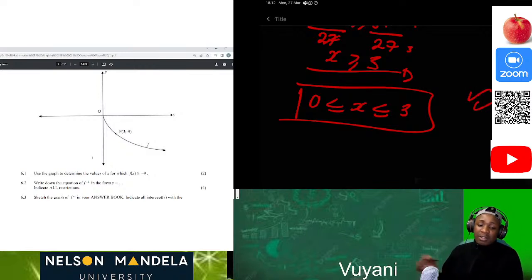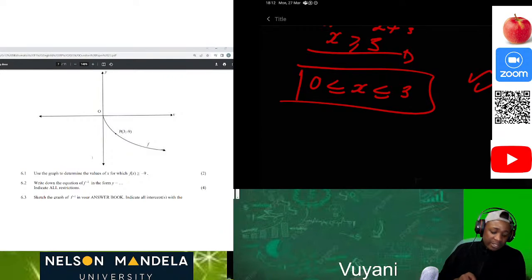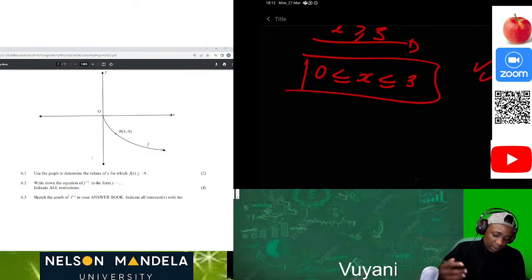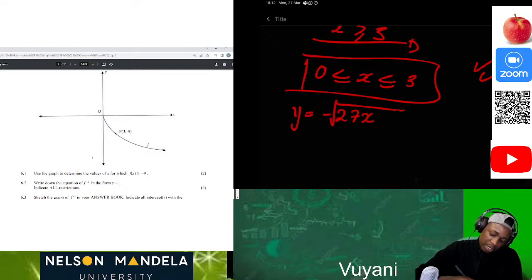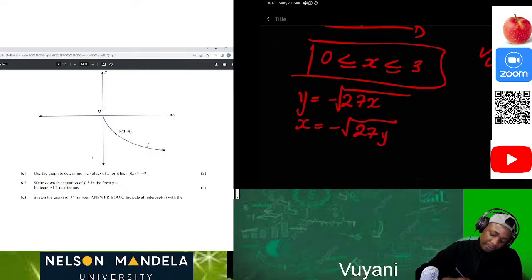Then you write down the equation of the inverse function. This is easy guys. We know that y equal to negative root 27 of x. Okay, then we swap. The steps don't change because of how ugly the problem is. Then we solve for x, so we divide by negative 1, so it's now negative x equal to root of 27 y.